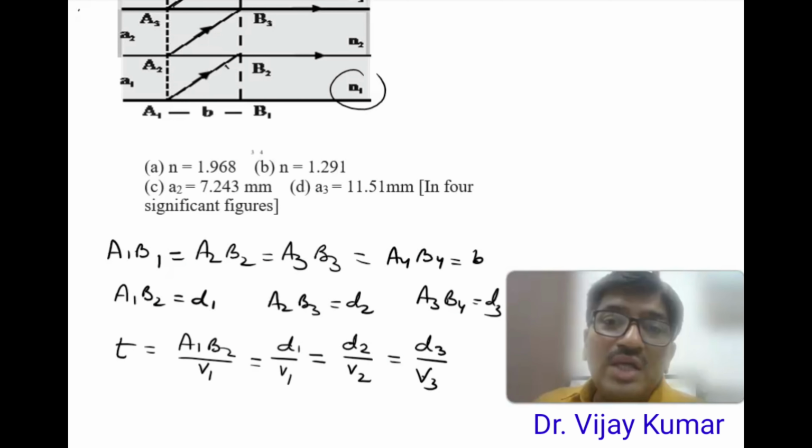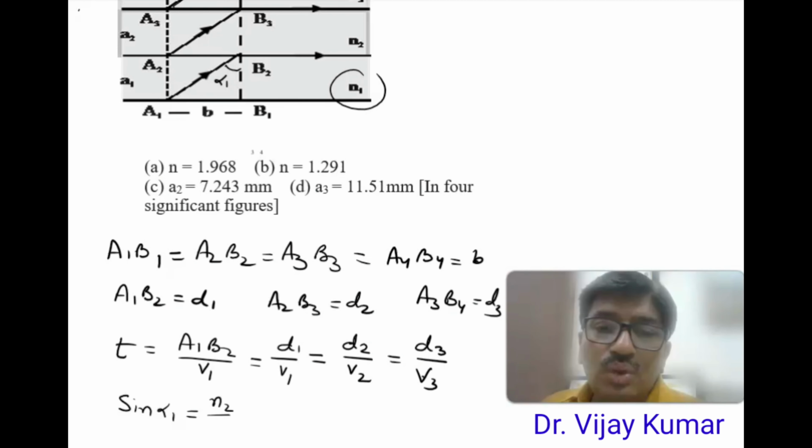If this angle is alpha, we can take alpha 1, then sin alpha 1 equals N2 upon N1, sin alpha 2 equals N3 upon N2, and sin alpha 3 equals N4 upon N3.